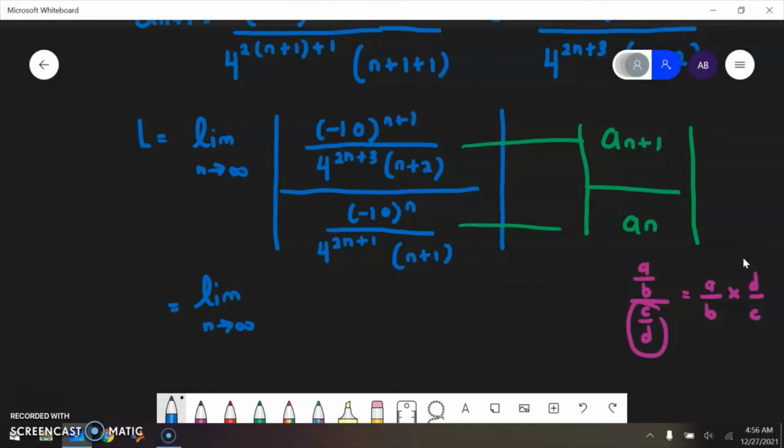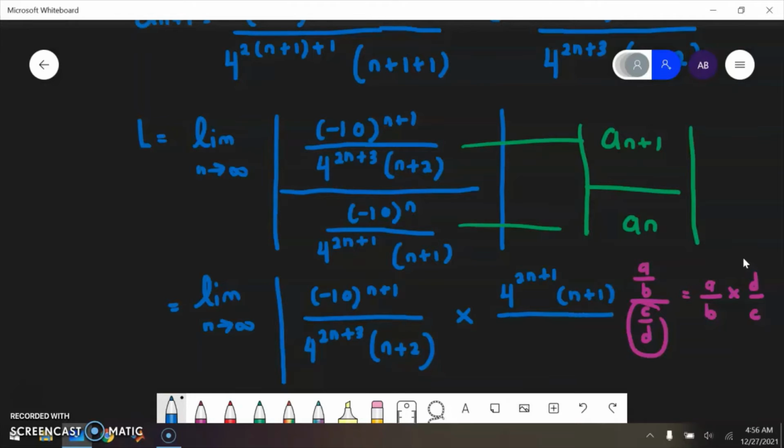Limit n approaches infinity. So I have negative 10 to the power of n plus 1 over 4 to the power of 2n plus 3n plus 2, multiplied by, I'm going to swap this term here, 4 to the power of 2n plus 1, n plus 1 over negative 10 to the power of n.